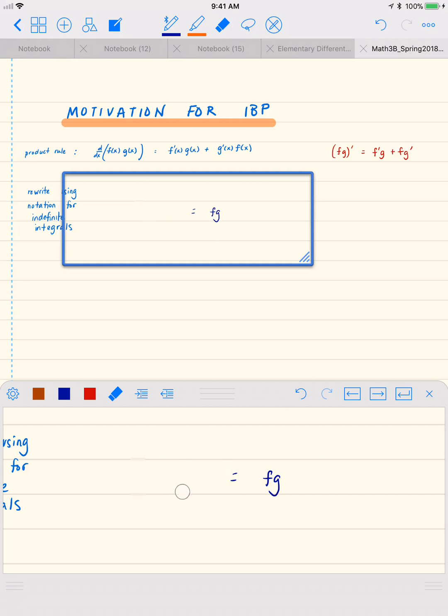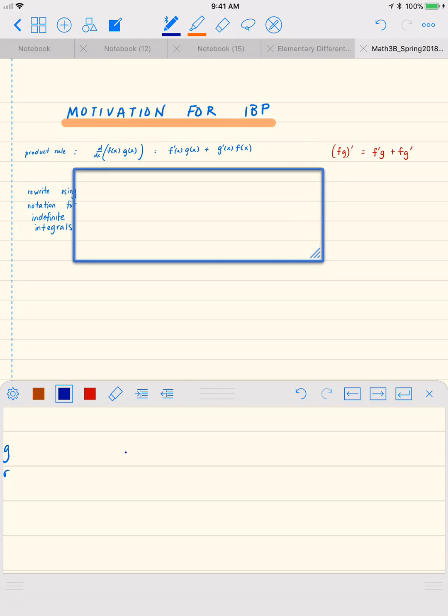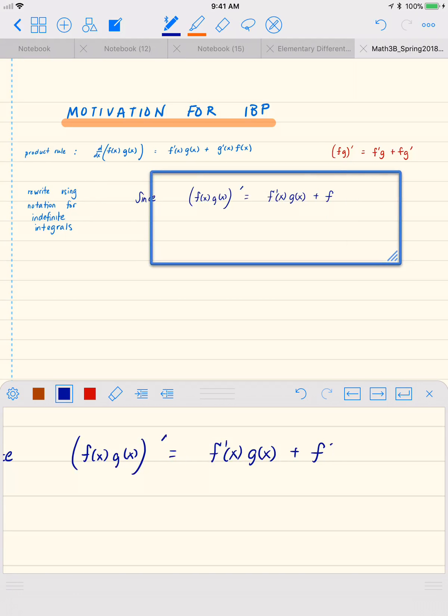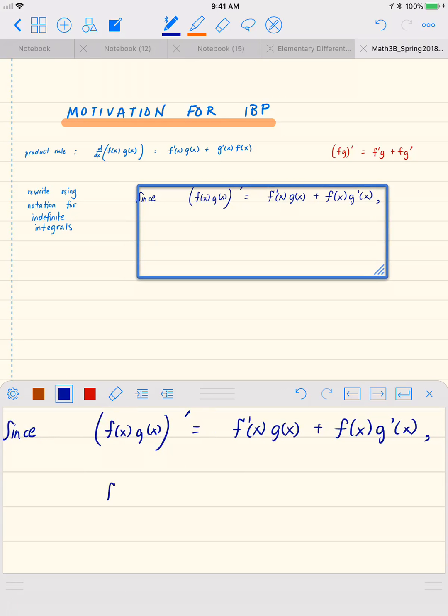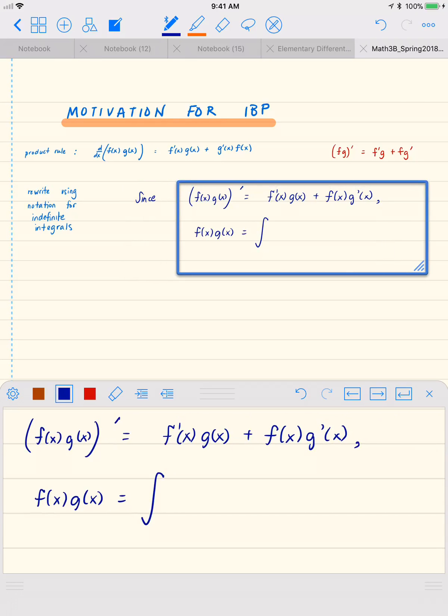I'm going to write it with notation that we're used to, using the f of x and the g of x. Okay, so the first thing we do is we say since the derivative of f of x times g of x is equal to f prime of x g of x plus f of x g prime of x, it must be that f of x g of x is equal to the integral of all of this up here, right?